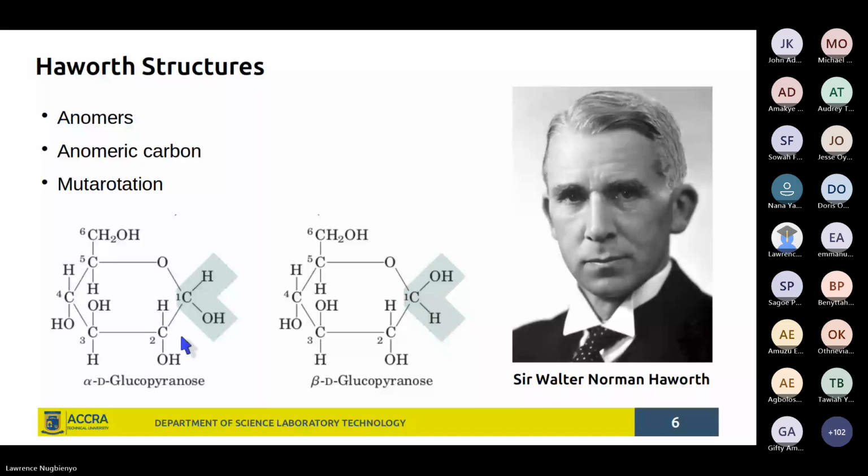But what happens is, first of all, these two, the alpha and the beta configurations, we refer to them as anomers. So this time around, these are not enantiomers.